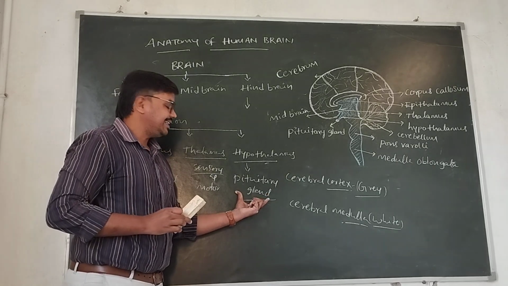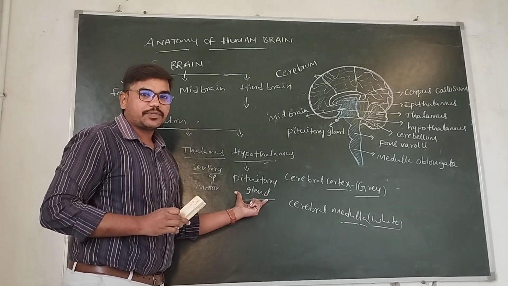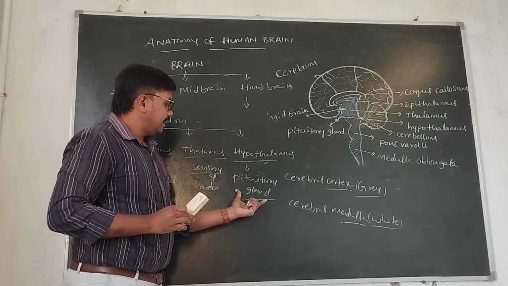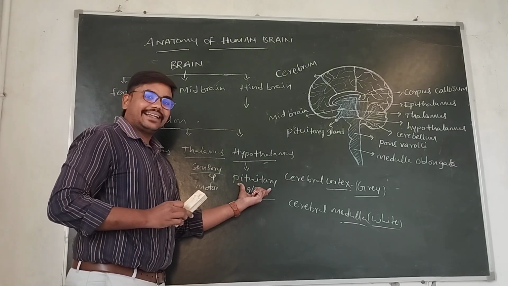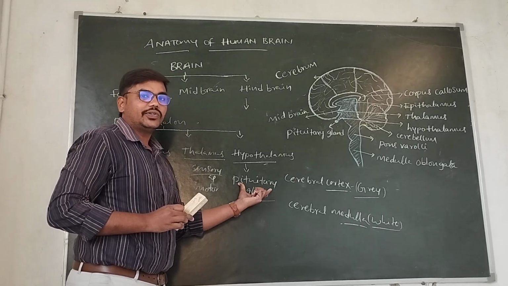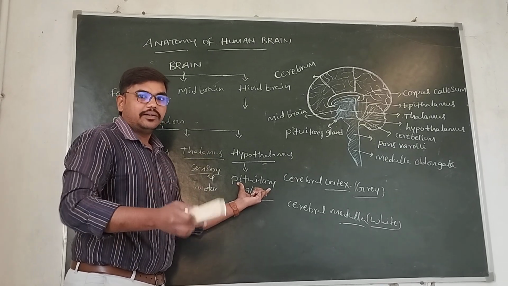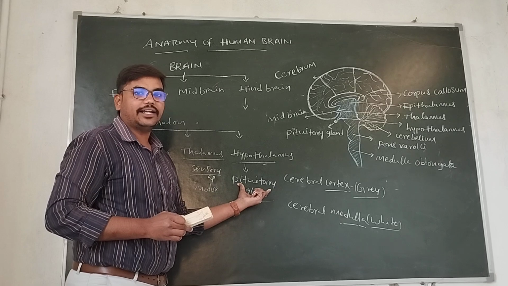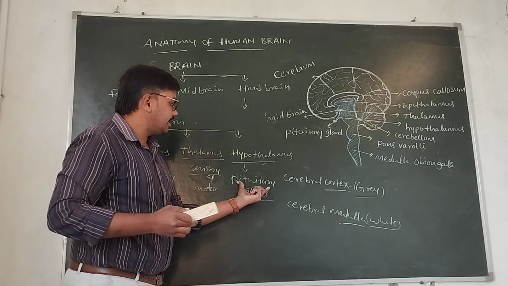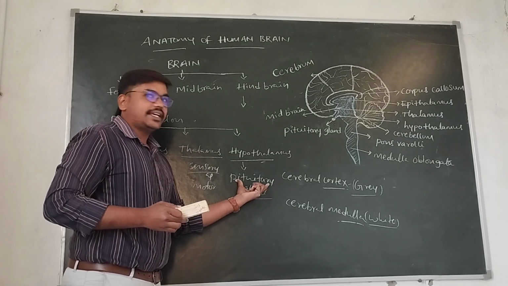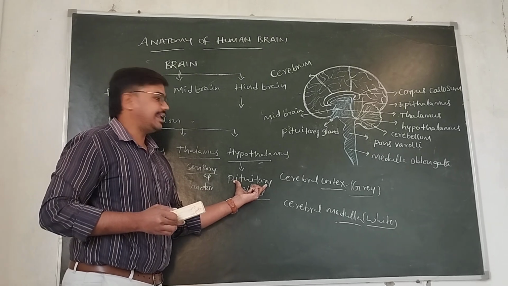Why? Because it secretes nearly 9 types of hormones, and it directly or indirectly releases hormones into the blood flow and also affects other organs. That's why the pituitary gland is called the master gland.